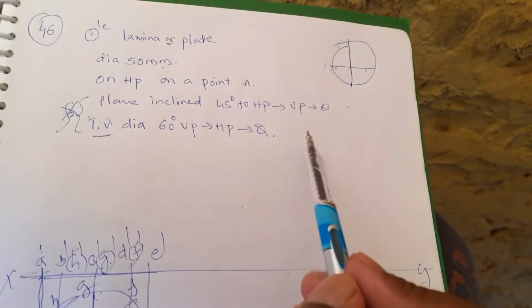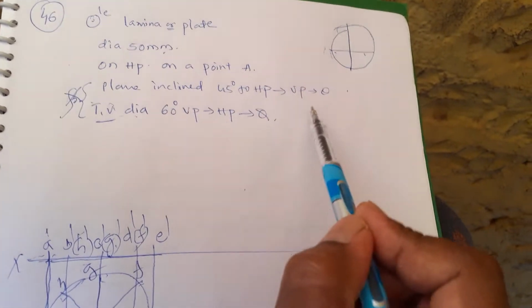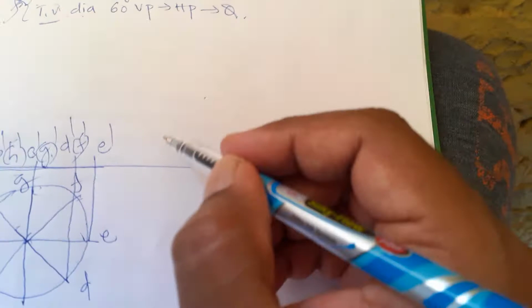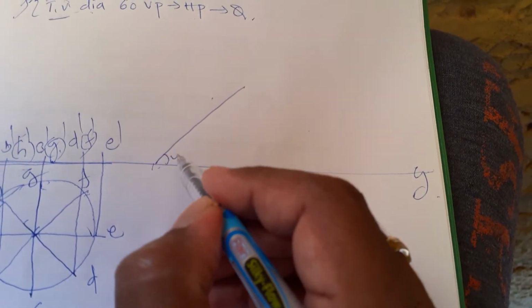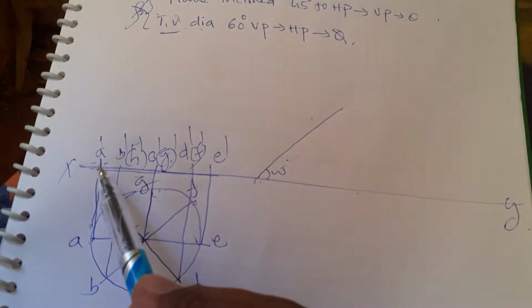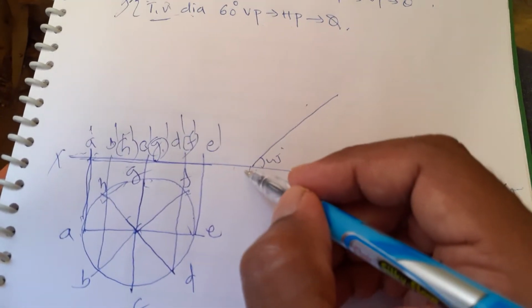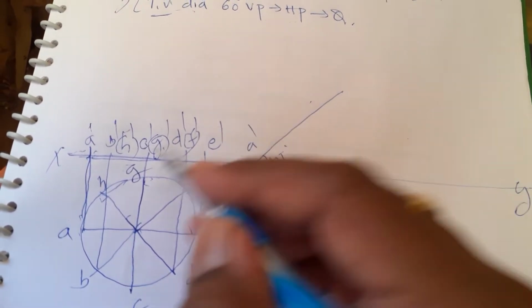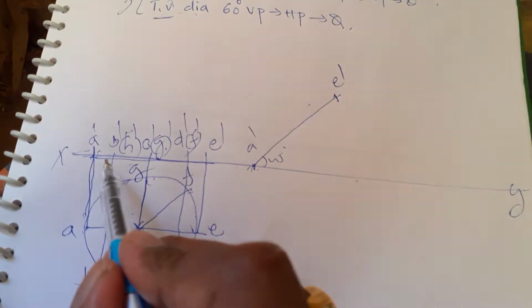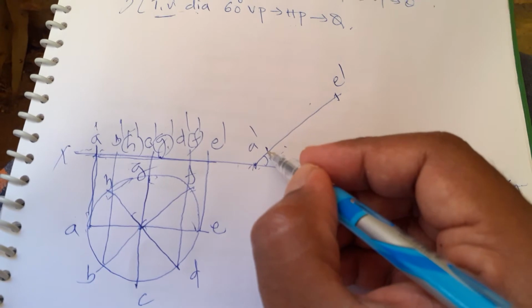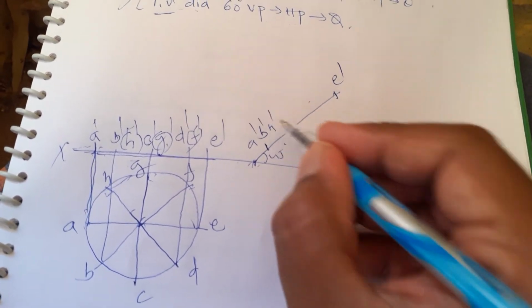And how much did he say? The angle is 45 degrees to VP. So I will take a line at 45 degrees. The rest is the same. Measure from here to here: this is A dash, this is E dash. Then B dash and H dash.